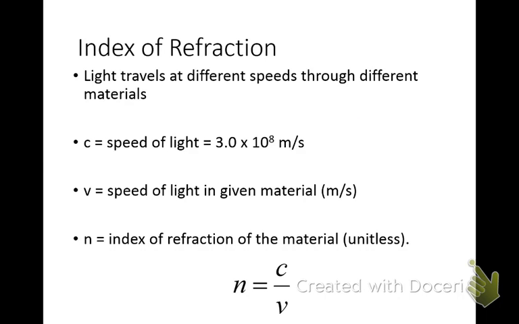Now, different materials have different indices of refraction. The index of refraction is a difference in how fast the electromagnetic wave travels through it. In a vacuum, or pretty much air, light travels at 3 × 10⁸ meters per second.